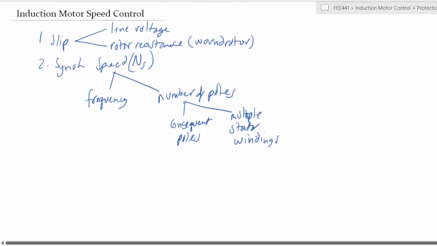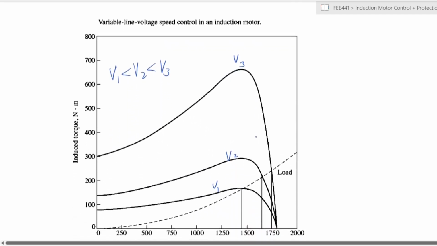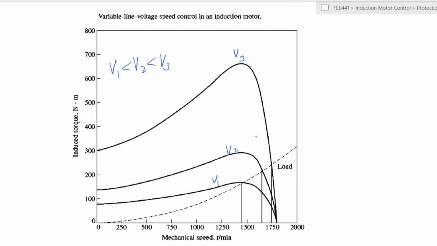So first of all, we have the variation in slip. Let's see first when we have slip as the main method of changing speed, how we go about it. There are two particular ways, the first being changing the line voltage. When you apply a line voltage to an induction motor, you can change the value of that voltage according to whatever you would require.